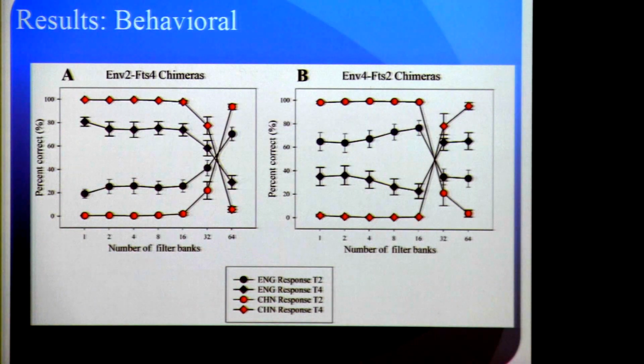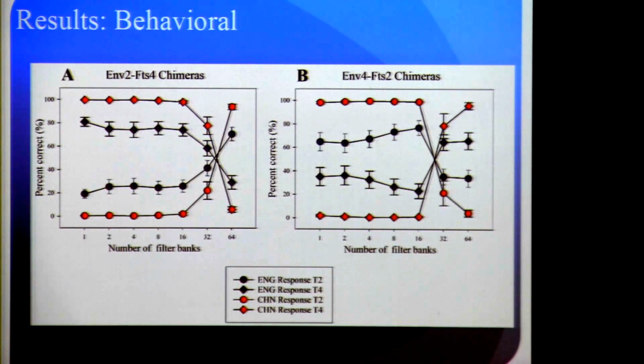So up until 16 filter banks, we are using those fine structure cues, similar to how we would perceive music or pitch. With 32 filter banks, the dominance of the fine structure cues began to decline, and then at 64 we saw a swap. So then they started perceiving those envelope cues at those higher numbers of filter banks.